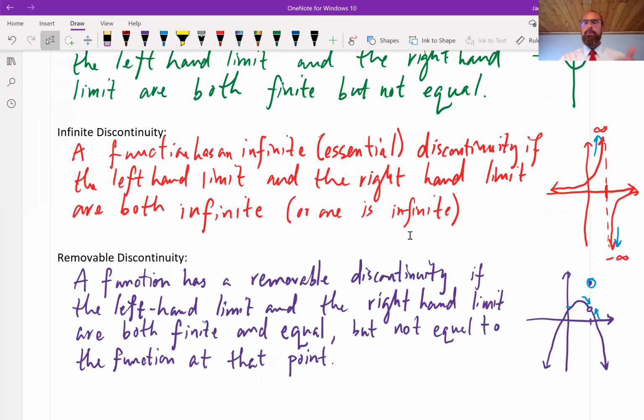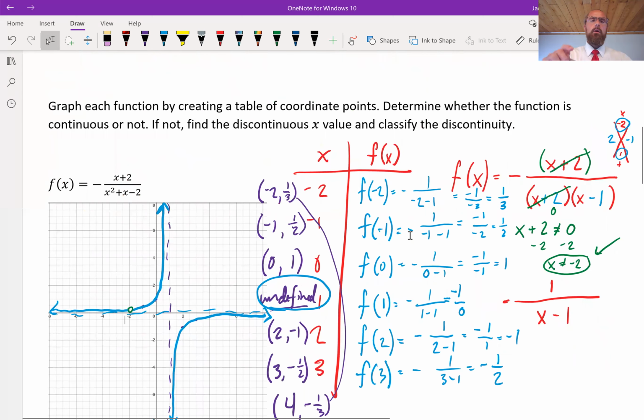So is it jump? Is it infinite? Is it removable? Well, it looks to me like this is the left-hand side of the function f of x as it approaches -2 coming to the same y value as the right-hand limit of the same function. So how would you classify that?